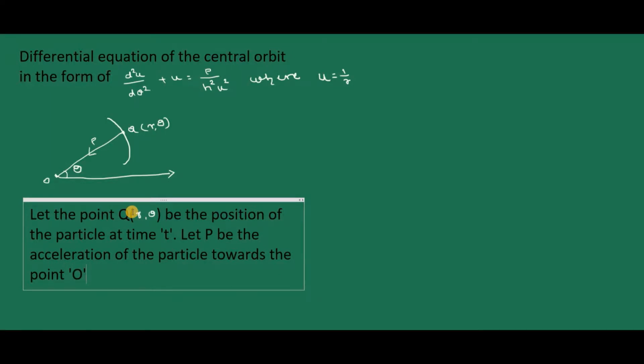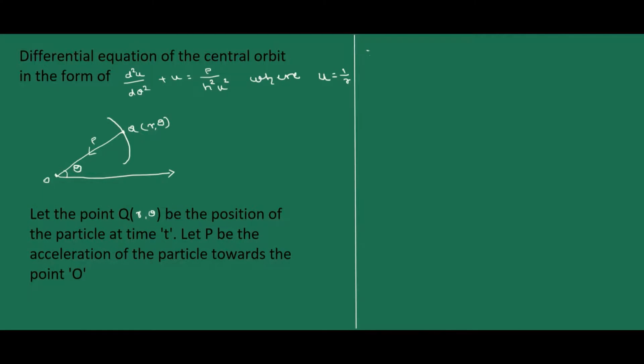Therefore, by using the above equations we can write r double dot minus r theta dot square is equal to minus P, in place of force F. Say this is equation 1.